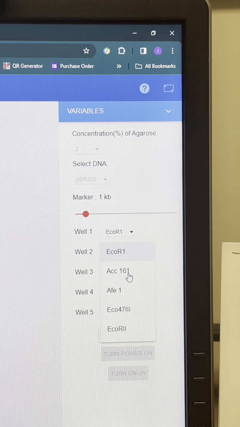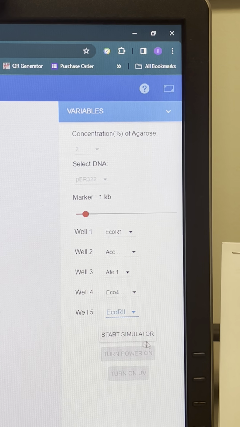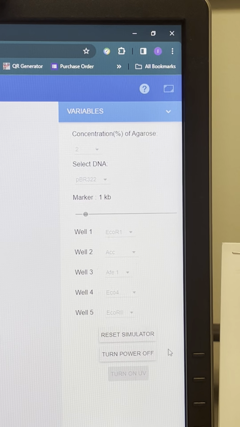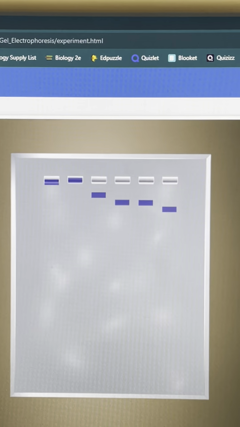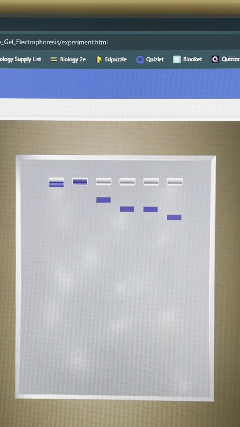So I'm just going to select a different DNA sample for each well. And then it says to start the simulation and turn the power on. Number 7 says to turn off the power after the lowest marker reaches the bottom of the gel. So now what we have to do is kind of sit here and watch the gel work.